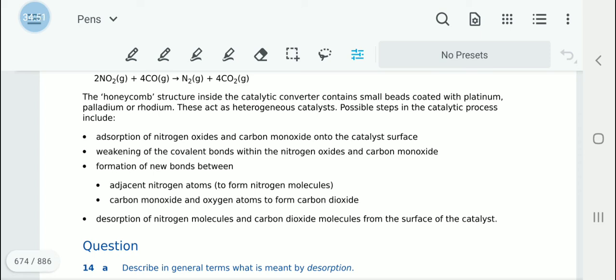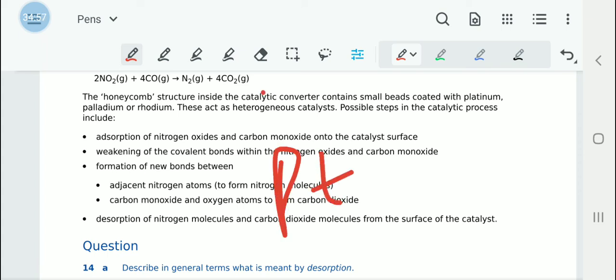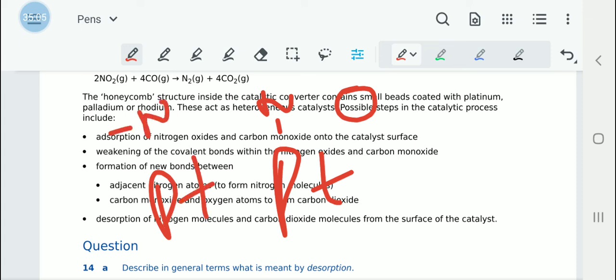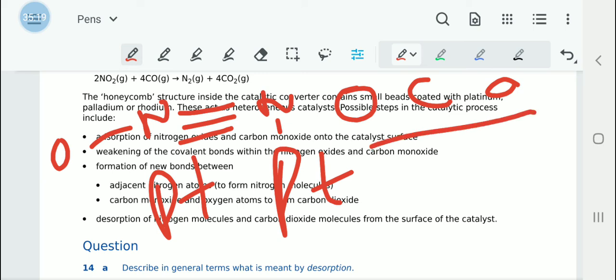If this is, let's say, platinum, then the N-O bond would be broken here, and let's say another platinum is here, the N-O bond would be broken here as well. Then these two nitrogens will join up to produce N2. Then if there is a carbon here and another oxygen here, they will produce carbon dioxide.